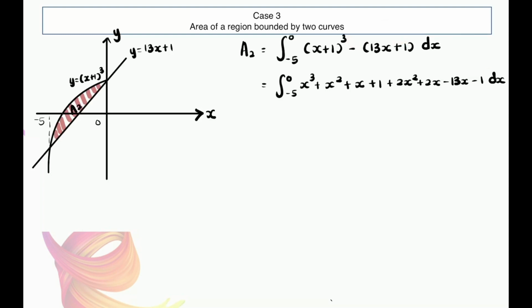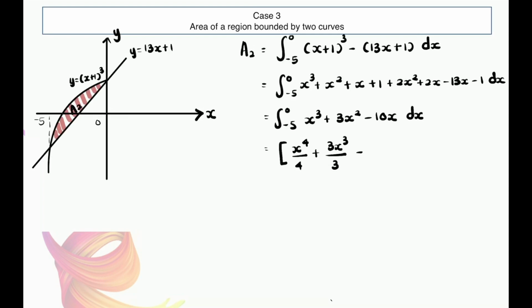That is why we get minus 13x minus 1. So now we simplify further, we'll get, I think I'm going to stop for a few seconds to let you calculate by yourself, and we'll compare our answers.